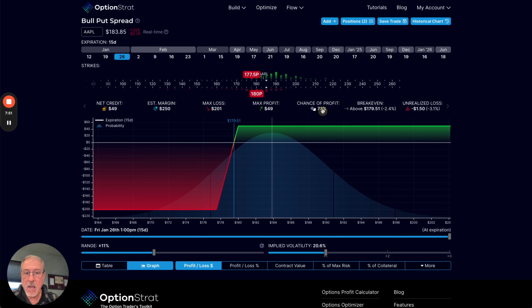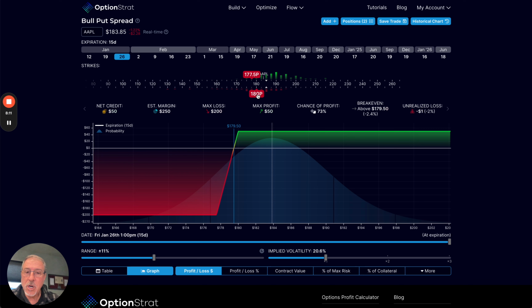It's got a pretty high percent chance of profit. So in other words, the calculations kind of indicate that this thing's probably a little more likely to stay above 180 than it is to drop below 180 mathematically.